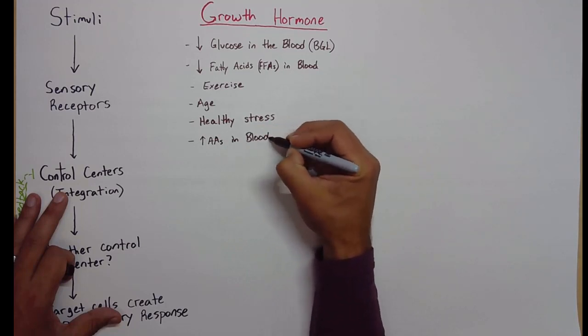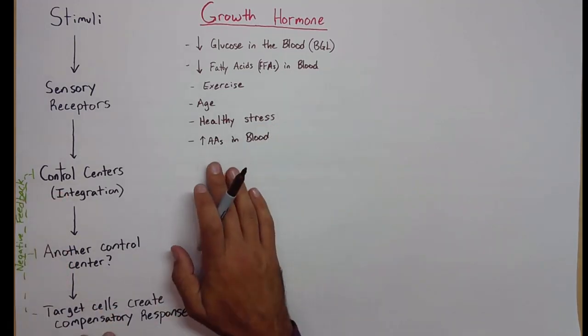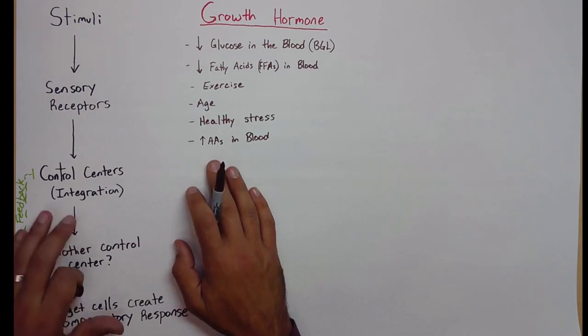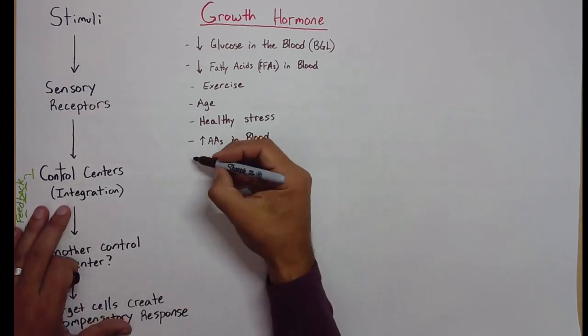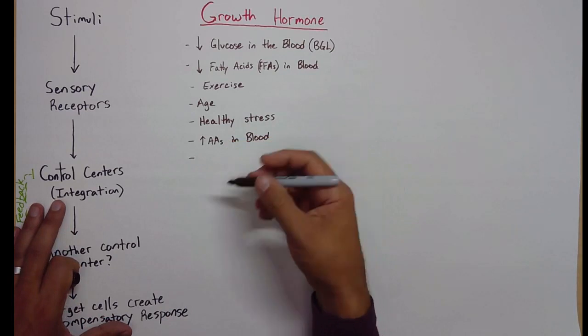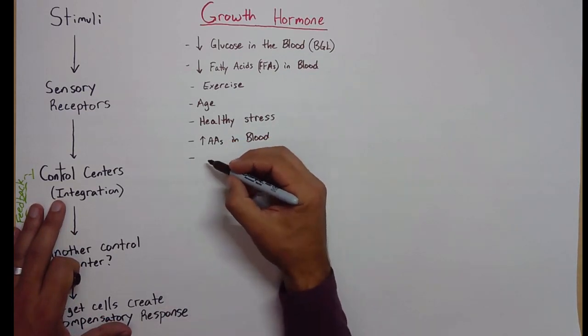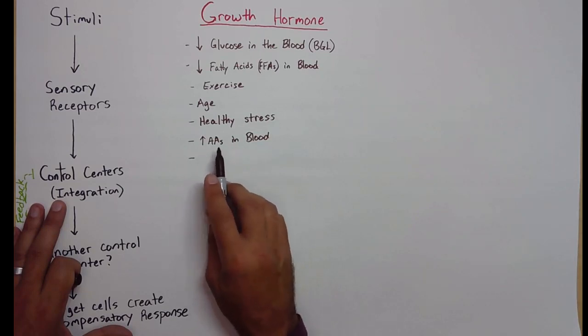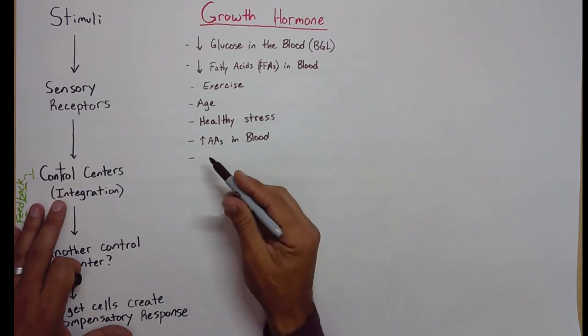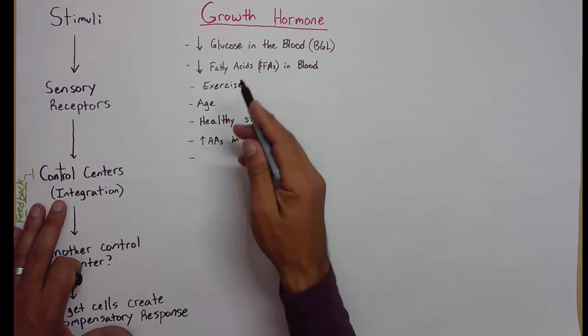You know that one of the compensatory responses is going to be to try to get those amino acids out of the blood. But in addition, more chronic and long-term, there's also when you get hungry. So it's kind of the opposite. As amino acids start to tank, that can actually cause the secretion of growth hormone as well.